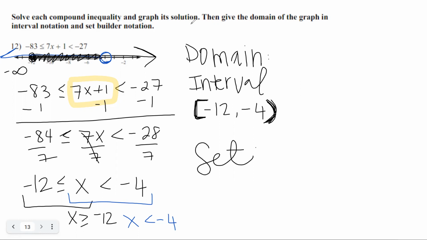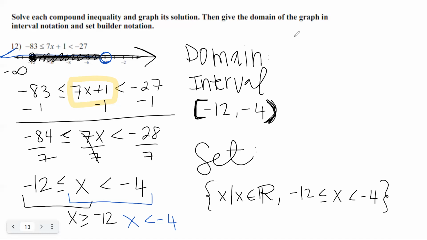In our set notation, we're going to say x such that x is an element of the real numbers. And you can separate your two inequalities if you want, or you can just write negative 12 is less than or equal to x is less than negative 4. Write them combined just like it is right here. You can plug that into your set builder notation.